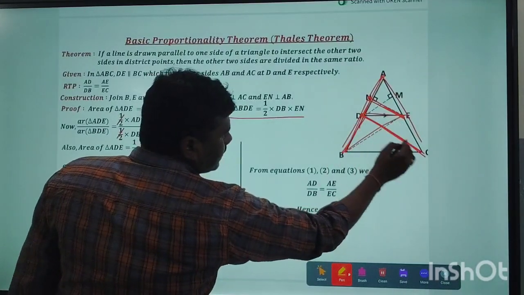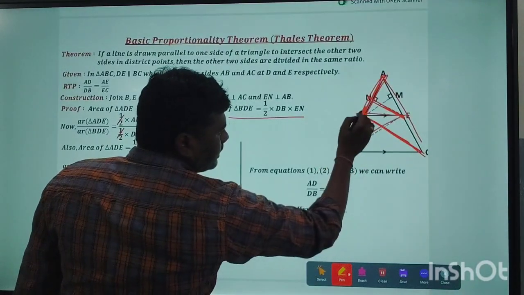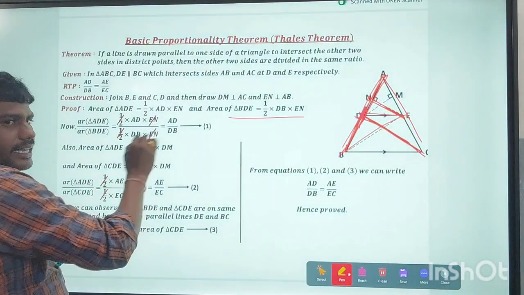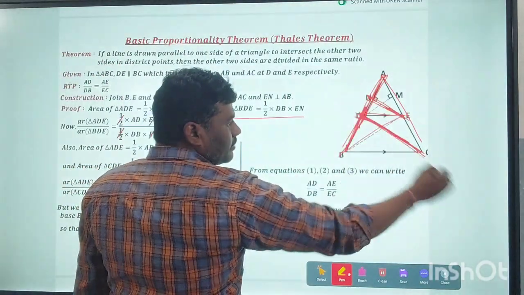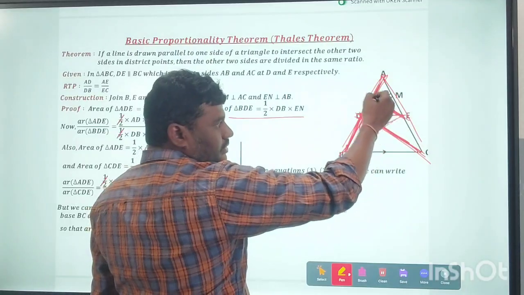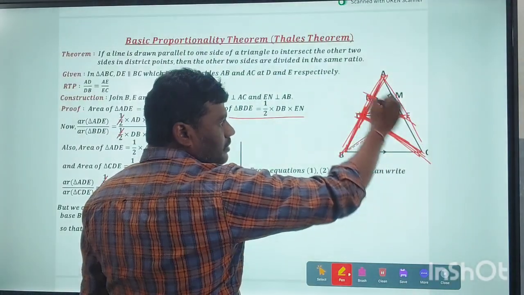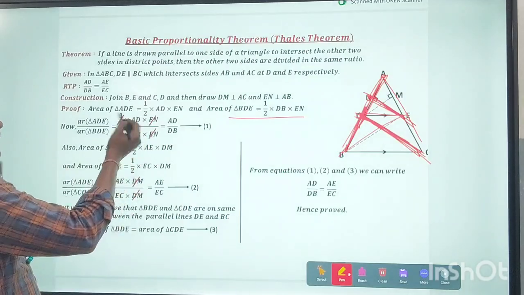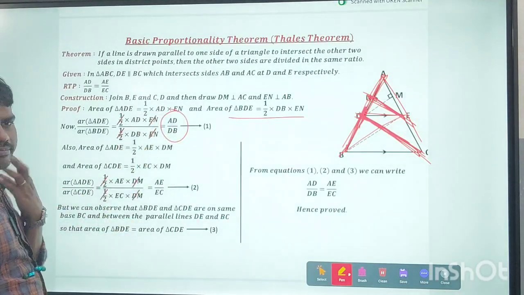This is base, this is height. So BD is the base and height is EN. So this parallel only, this parallel lines. So take this value DC equal to EN. So that value here substitute. So EN cancel, AD by DB is coming.